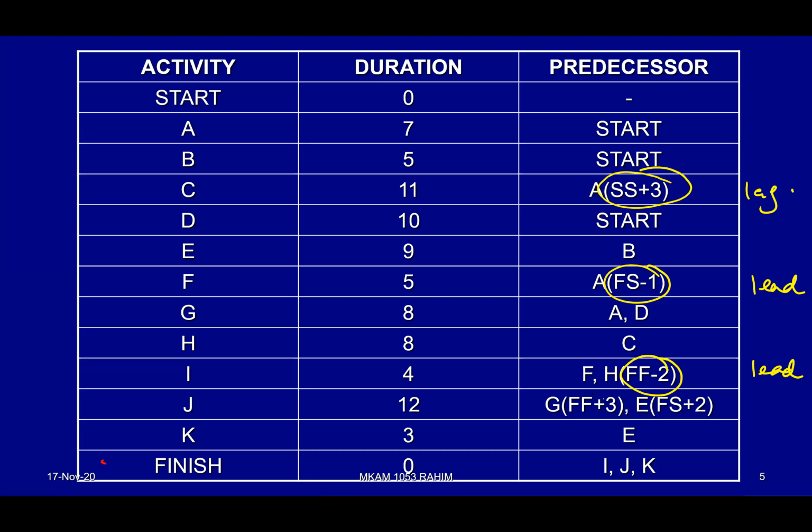And then also different relationships: finish to finish, finish to start with lag. Okay, now let's see how those types of relationship plus lag and lead will influence the calculation.